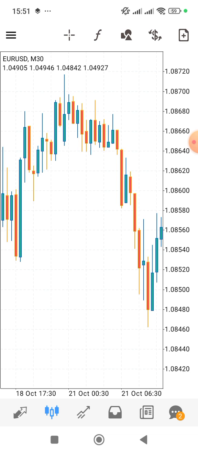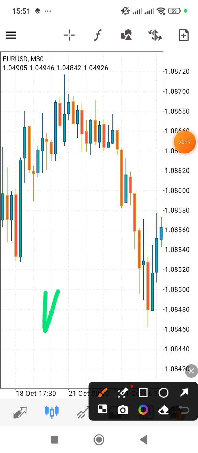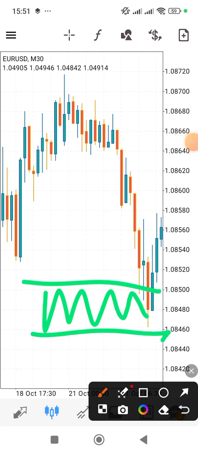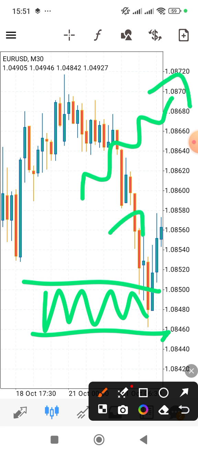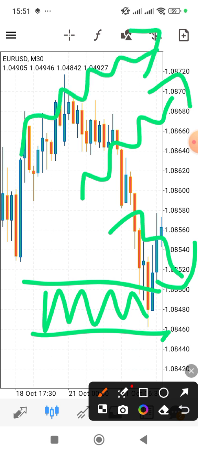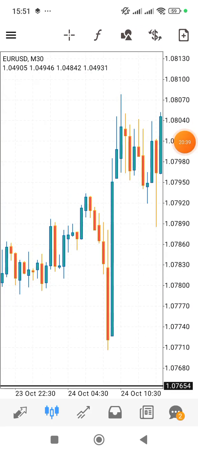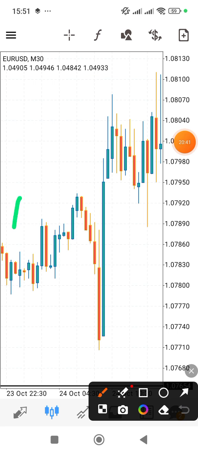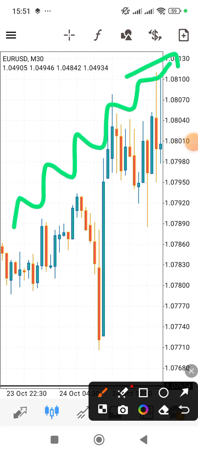So the next thing I'm going to explain is trending. If the market is not ranging, then it is trending, and it can only trend in two ways. It's either trending up or trending down. Trending is when the market is making an upward move or a downward move. Remember, uptrend means it's going up, and downtrend means it's going down.